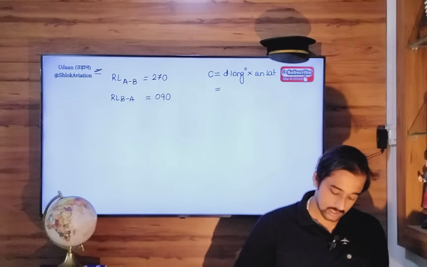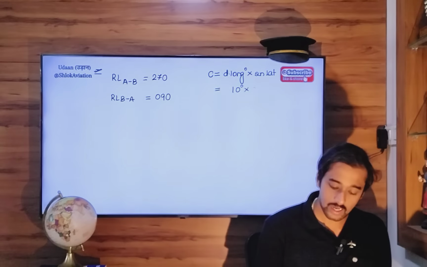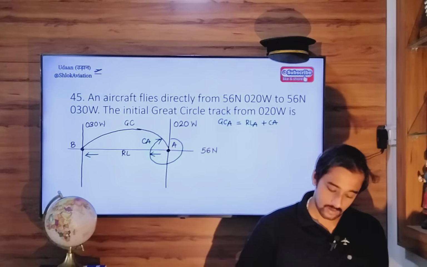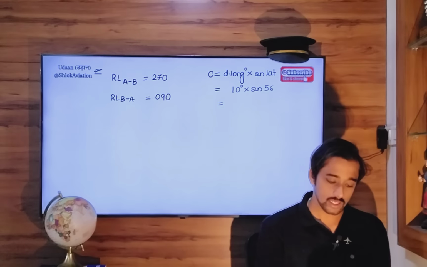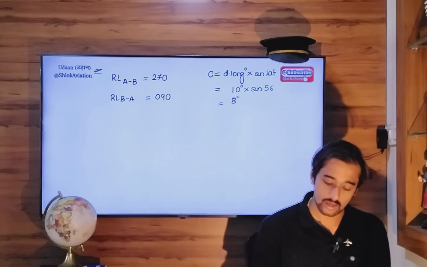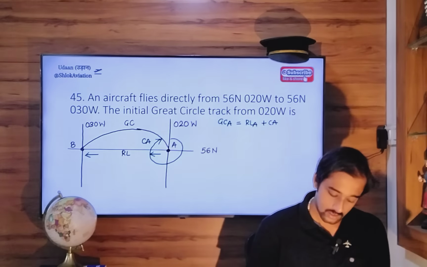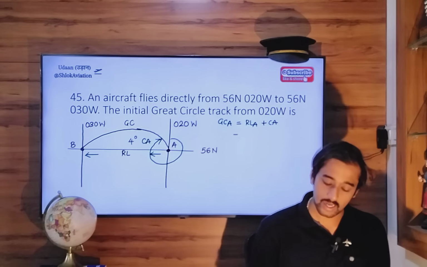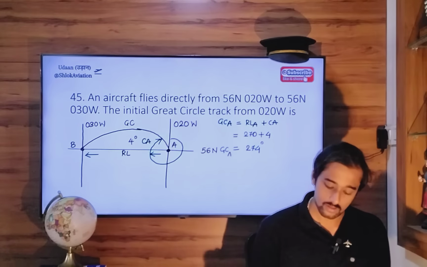Now the d long is 20 minus 30, 10, into sine of 56. So 10 into sine 56 is 8.8 degrees. Therefore, conversion angle will be approximately 4 degrees. Great circle track at A will be rhumb line track at A, 270, plus convergency angle 4. So that amounts to 274 degrees.